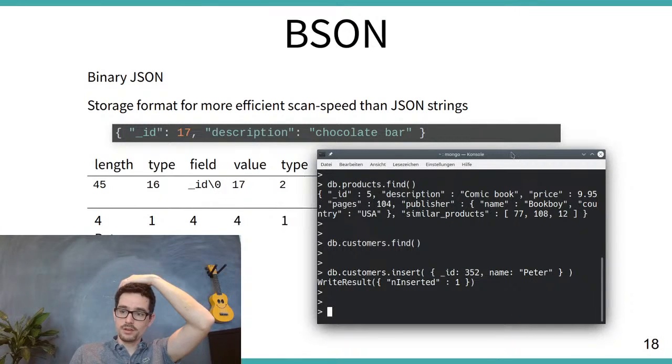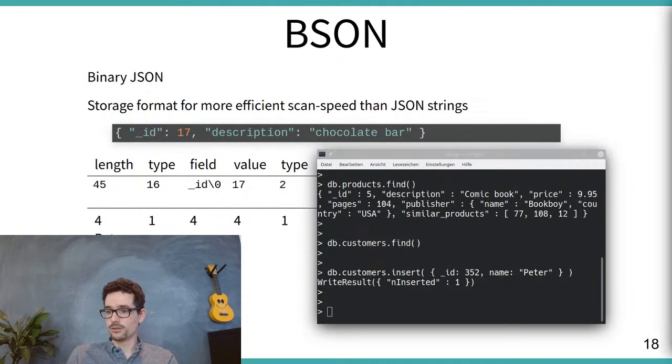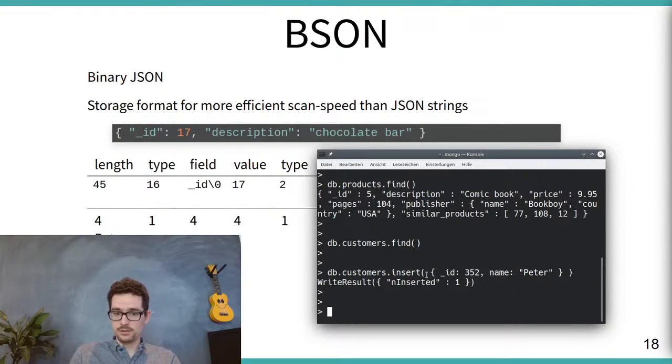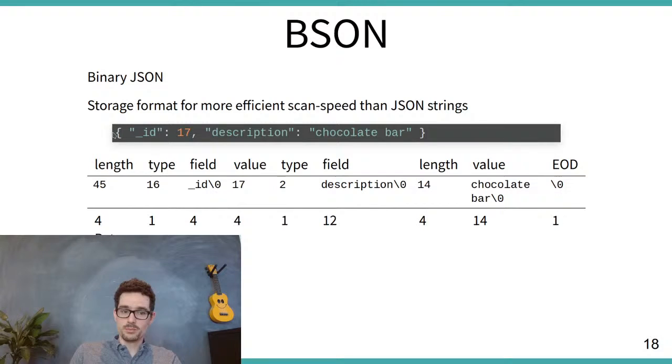So I first give you some details on what's the idea behind the BSON format. I insert a document and it's not stored like a string, curly bracket, space, double quote, underscore ID, double quote, colon, and so on. No, it's stored like this.